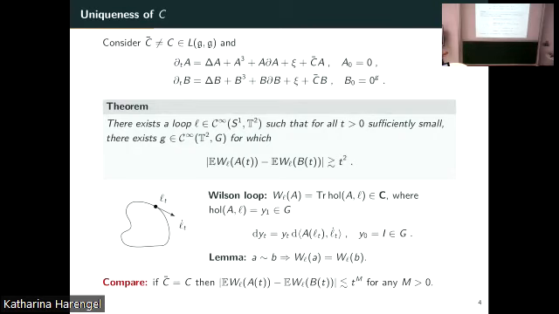You should compare this result to the case when C bar is actually equal to C, when we choose the good gauge covariance constant. Then you can show relatively easily that these expectations are bounded from above by any power of t. In particular, you can take m to be bigger than 2.